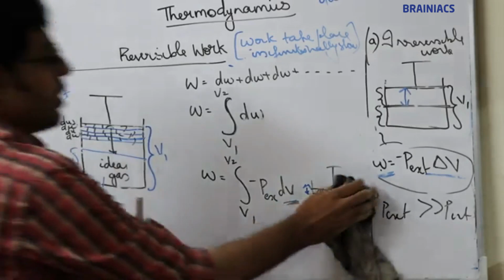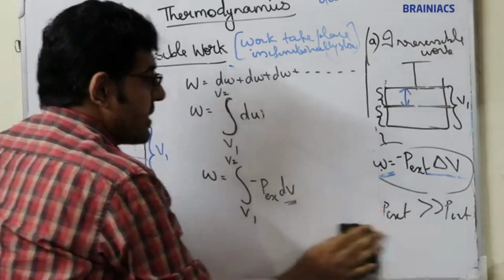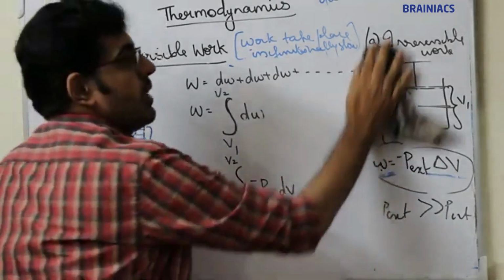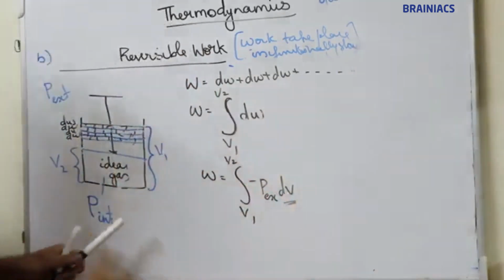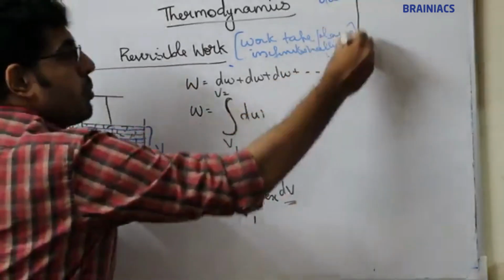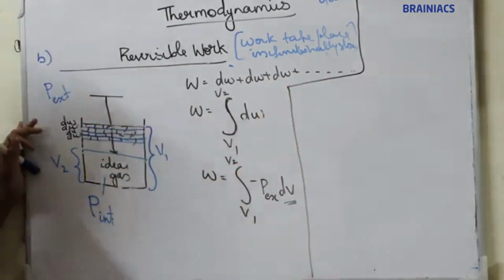So dW is equal to minus P external into dV. Now please listen carefully. Next step.